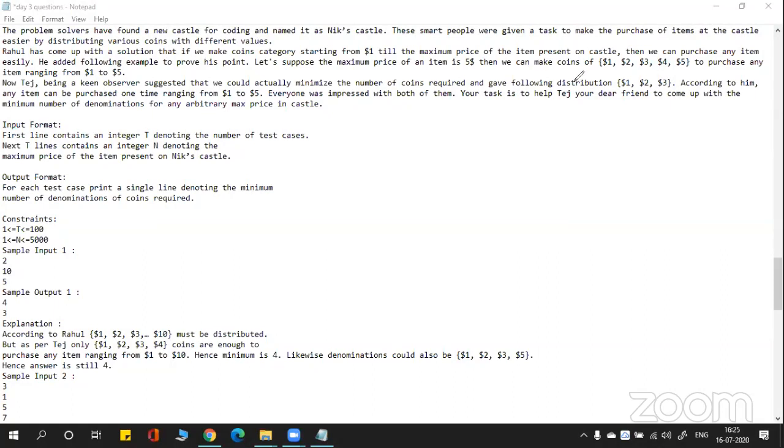Fine, I'll tell you. For example, let me take x is equal to 10, and I'll try to find out. So x is equal to 10. What can we do? How can we find out the number of bits required?